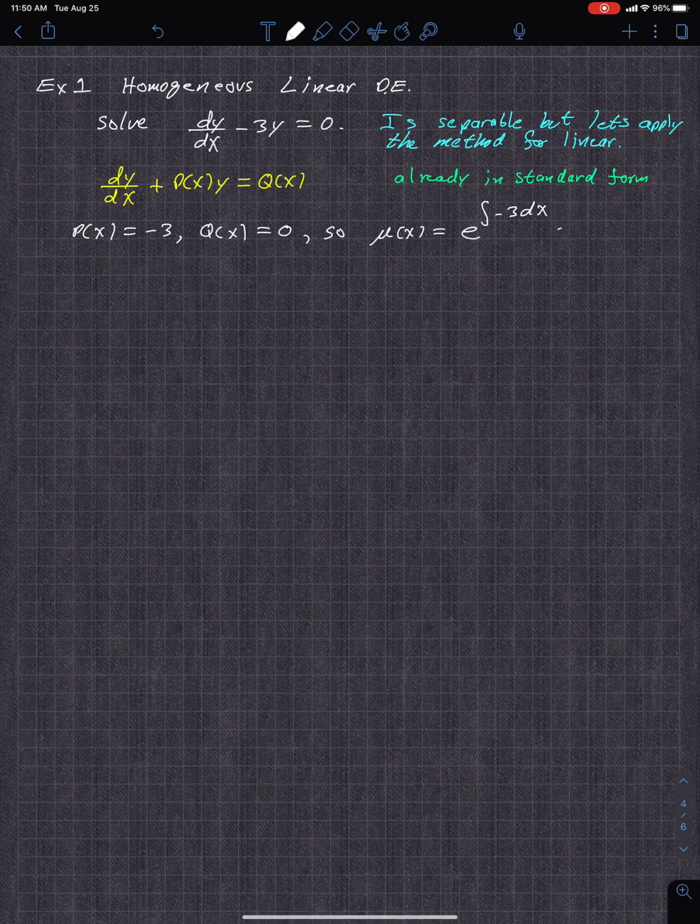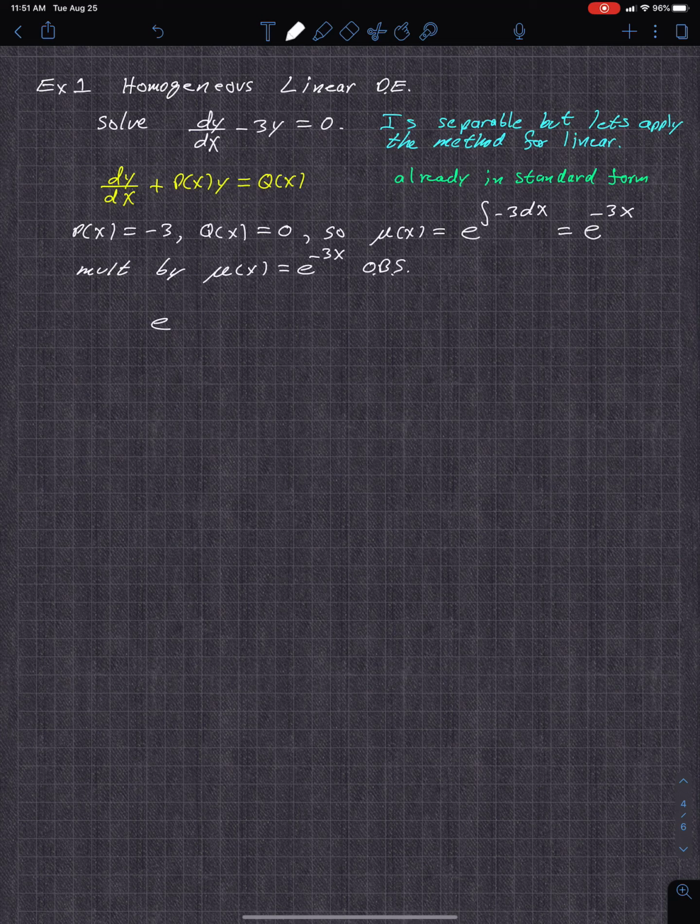That's just equal to e to the -3x. That's our integrating factor. Then we're going to multiply by mu of x, which equals e to the -3x, on both sides.